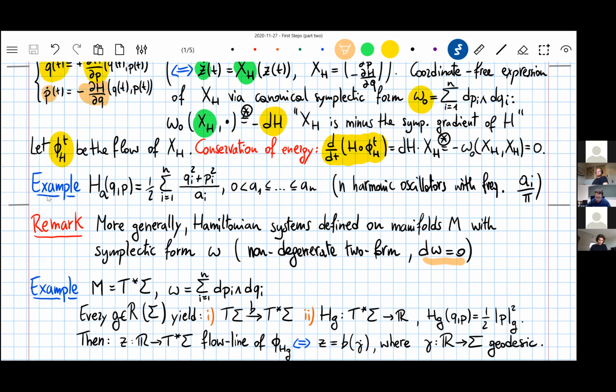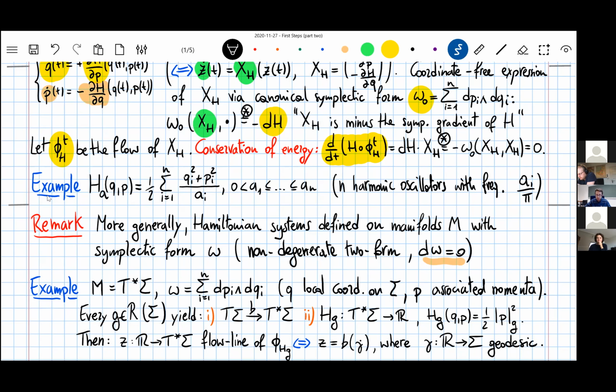And as omega, you take exactly the same formula, dpi wedge dqi, where now the qi are simply local coordinates on sigma, and the p's are the associated momenta. It's a computation one has to do: actually, this omega does not depend on the coordinates and gives you a well-defined symplectic form.